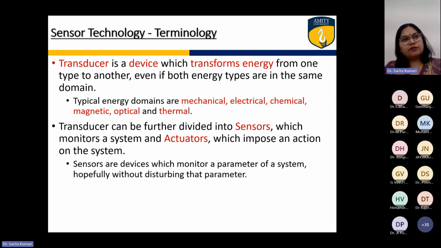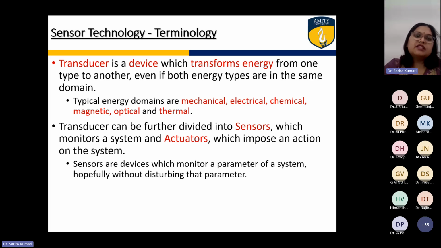If there is certain displacement occurring at the input side, the output will be in the form of change in inductance, which will give me the output in the form of voltage. It is calibrated in terms of voltage, right?